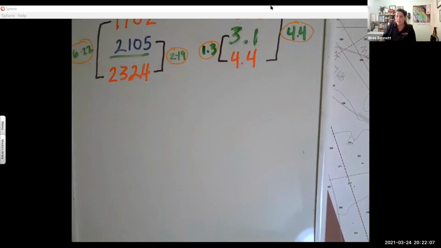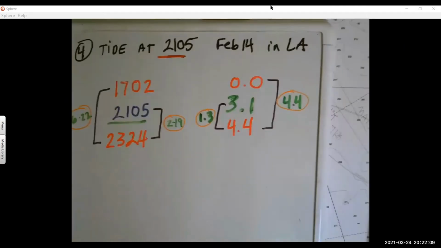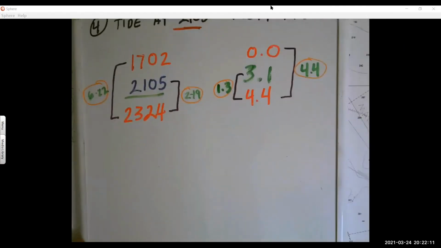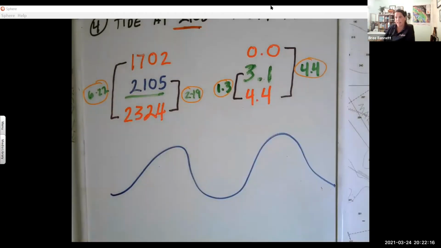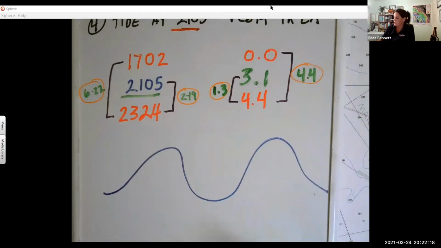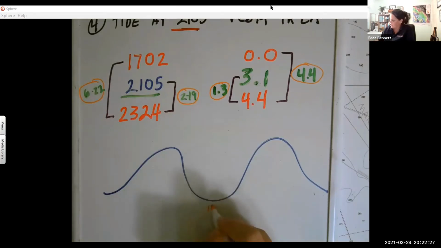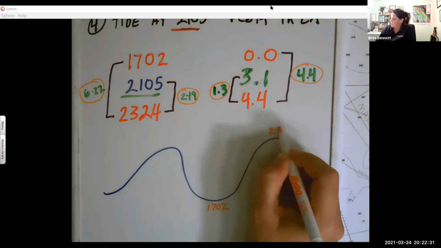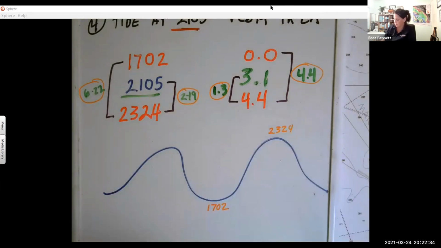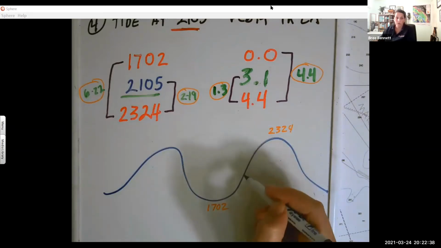So the tide, let's see if I can get everything on one page. The tides rise and fall kind of like that, if you will. Sometimes you'll see people do their calculations where they say, okay, low water was here at 17:02, and then it was here at 23:24, where does my 21:05 fall in?